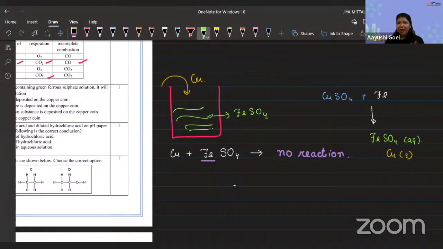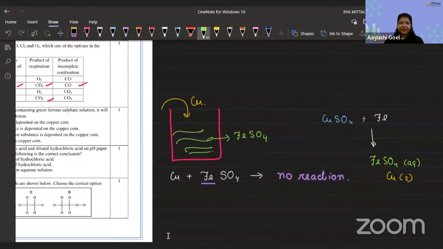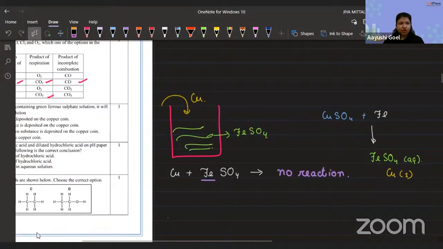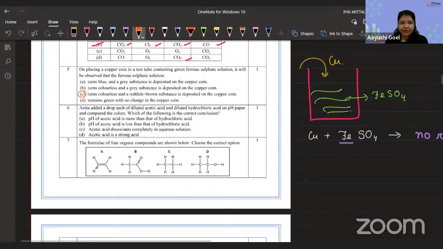Copper doesn't have the power to displace iron. Is it clear? So in this case, there will be no reaction. So this means that the correct answer should be that option. See, this is basically what we call understanding. If you understand the concept, then you can apply. If you don't understand the concept, you are not able to apply it.